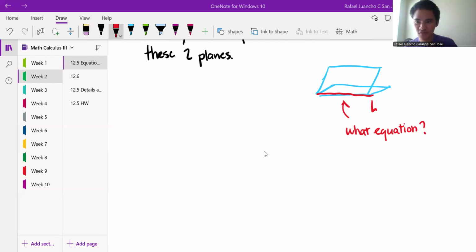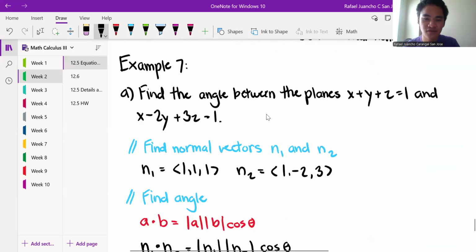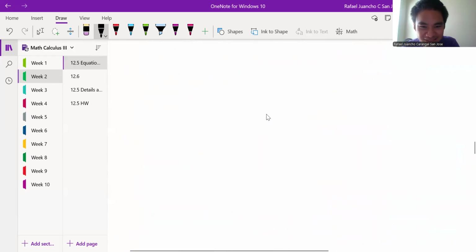So what do we need for an equation of a line in 3D again? Well, if we look at our previous discussion, then we know that we need some initial point, or that's honestly just some point here. And we also need, I forgot, what else do we need?